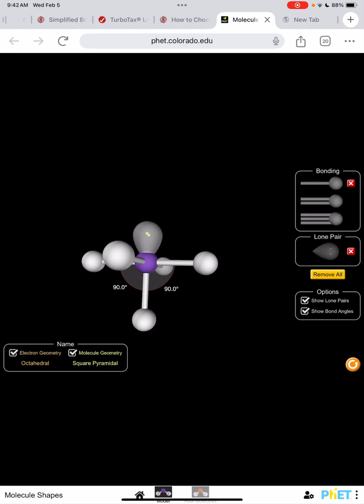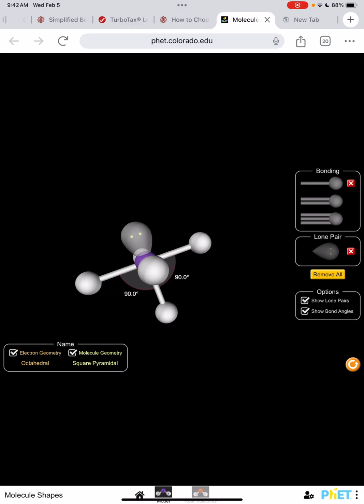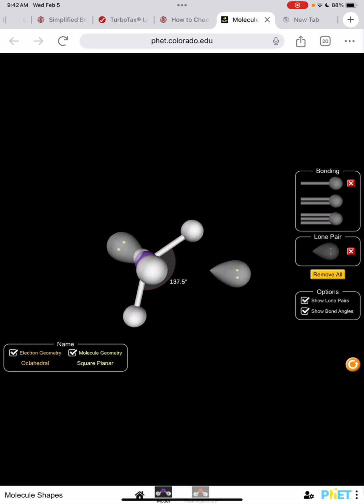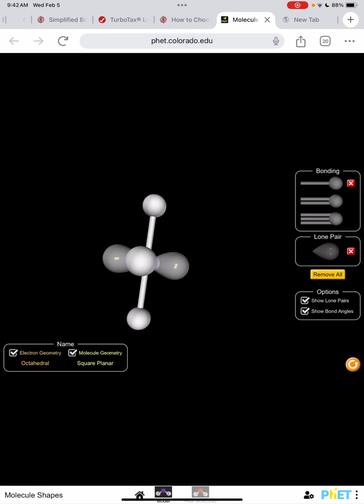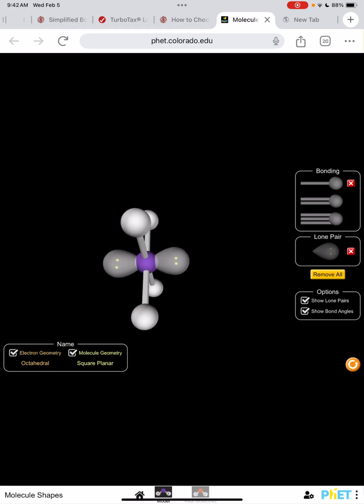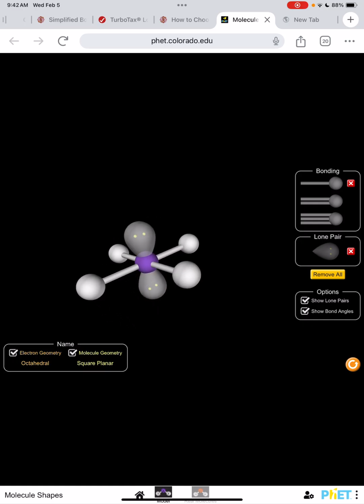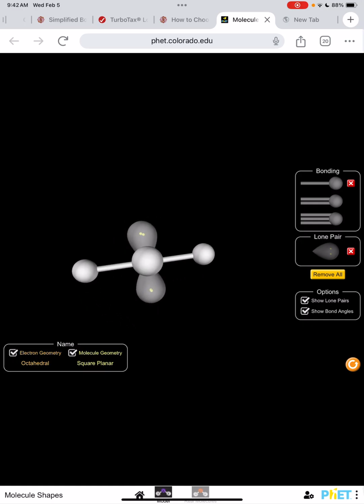So with this one, the predicted bond angle is 90, but the actual bond angle is going to be slightly less. That's all you need to know, slightly less. Okay, replacing one more bond, still 6 groups, 2 of which are lone pairs now. So you can see why that's called square planar.